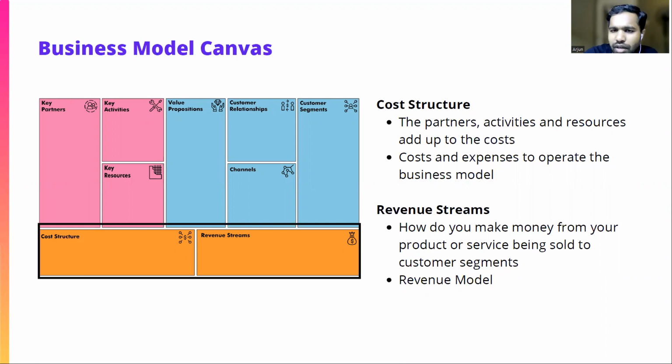If it is just a hardware product, you manufacture it and sell it. But if it is a software product, then how are you going to get revenue? Whether you are going to get some advertising partners to advertise in your website, web app or mobile app. You need to think about all of these things also.